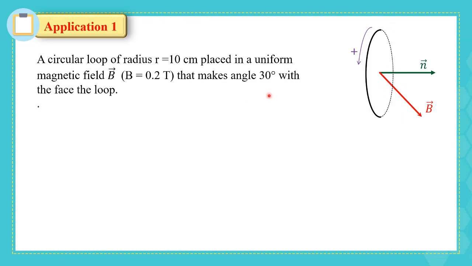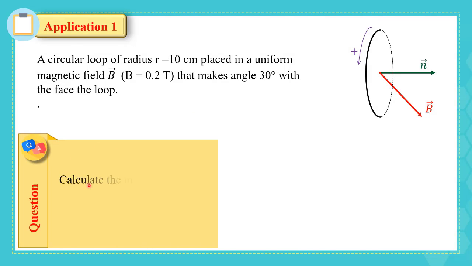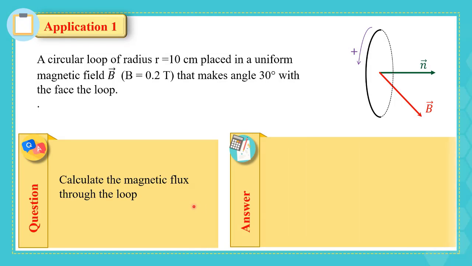Note that this angle is not between the normal and the magnetic field vector B. The angle between the normal and the magnetic field vector B is equal to 90 minus 30, which is equal to 60 degrees. The first question, calculate the magnetic flux through the loop.